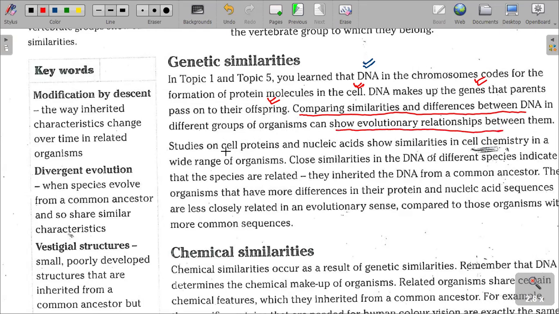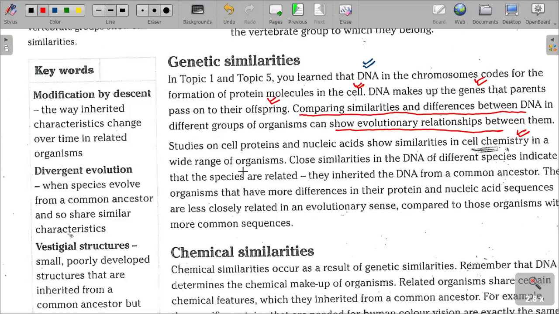Studies on cell proteins and nucleic acids, I'm sure you remember, we are talking about the DNA and also the RNA, show similarities in cell chemistry in a wide range of organisms.